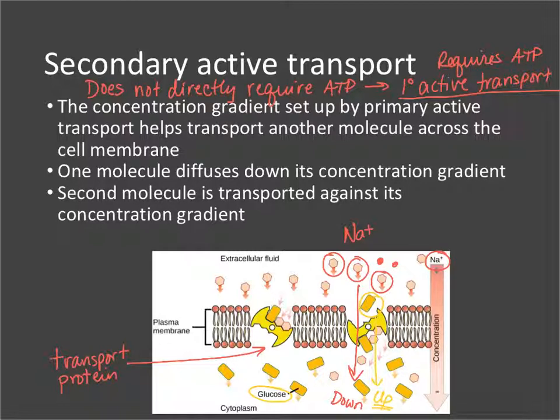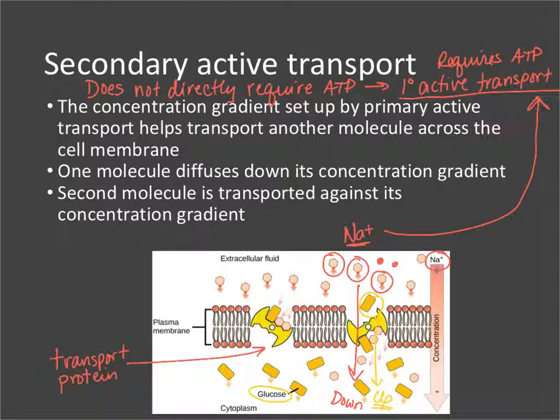But in order to make that carrier protein work, we have to have that concentration gradient of sodium that was set up during primary active transport. So primary active transport can happen on its own, but secondary active transport has to happen after primary active transport has already happened.